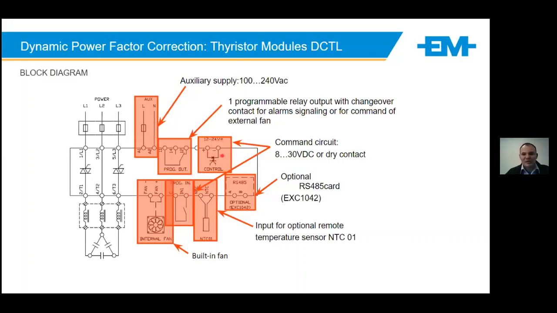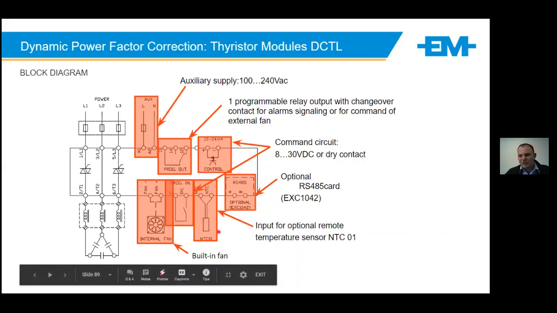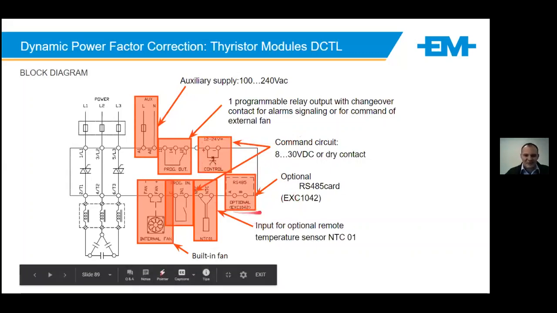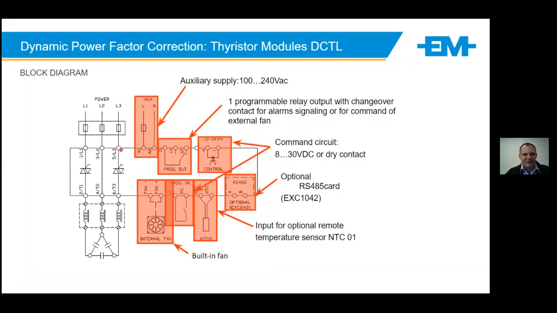Our control could be a DC control or dry contact, and an external or optional temperature module for additional condition monitoring and expansion. All right. We would typically use a dry contact, and for customers that want the advanced features back to the controller, the 485 option.